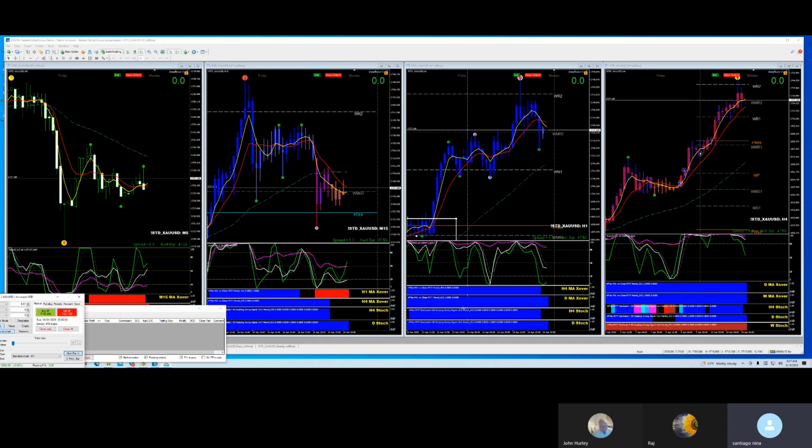All right, you see the 1 hour getting out of sync. So it tried to get out of sync here and got right back in sync. Kept going. Now it's getting out of sync again. The H4 is also out of sync now. So you have to wait to see if it comes back into trend or not.